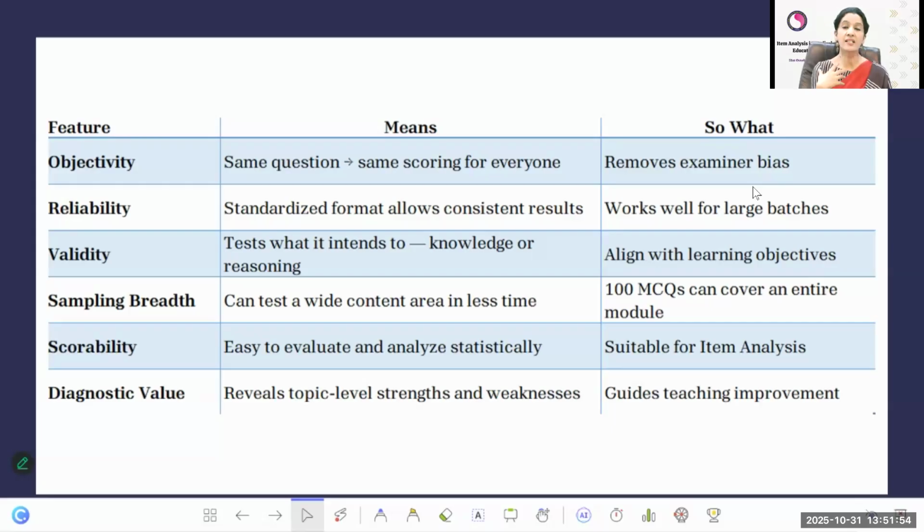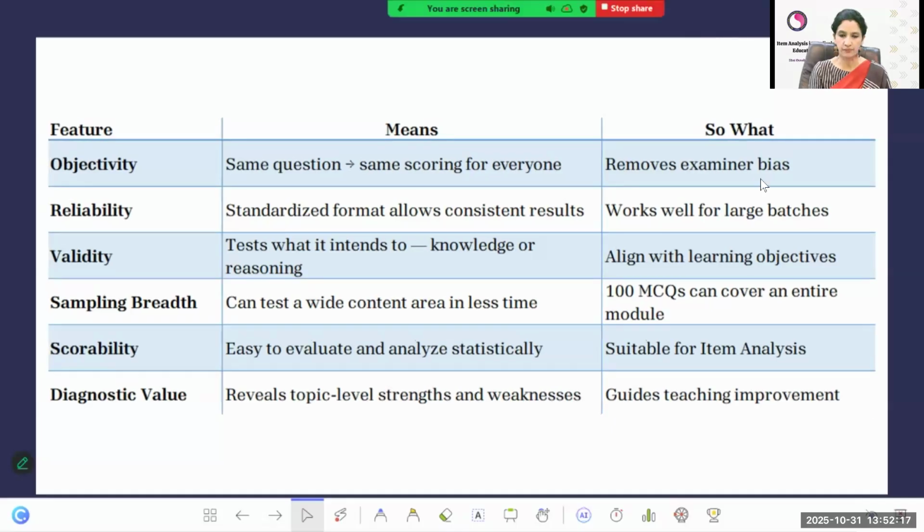That guides the teaching also, which areas we should focus more on, and whether we should change our teaching modality or use some newer concept. So it helps us diagnose the deficiency in the teaching-learning process also. This is the advantage of using multiple choice questions.